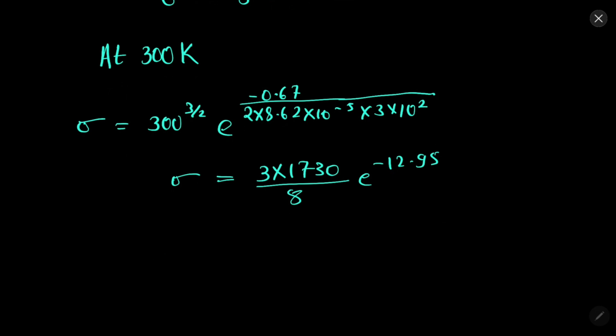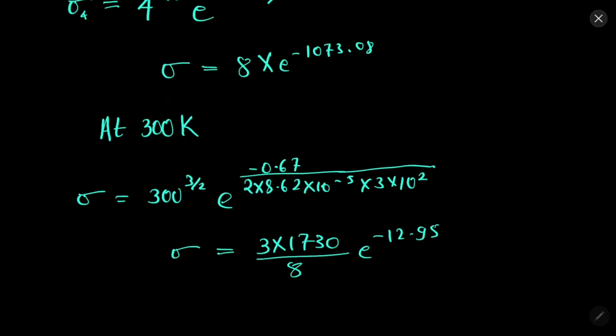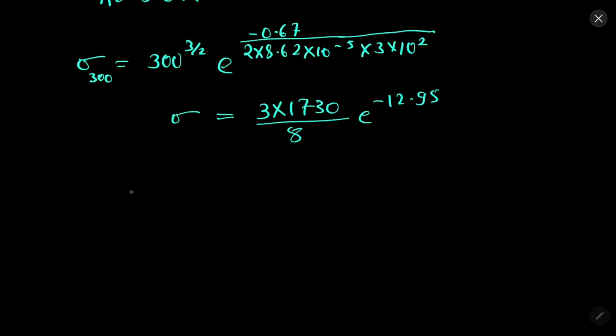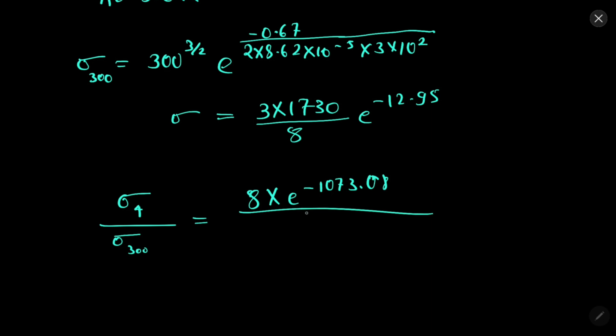So let's take the ratio at 4 degree, at 300 degree. 8 into e to the power minus 1073.08 over 3 into 1730 over 8. So we can multiply with 8 above, so it will become 8 into 8, 64, and into e to the power 12.95 minus 12.95.